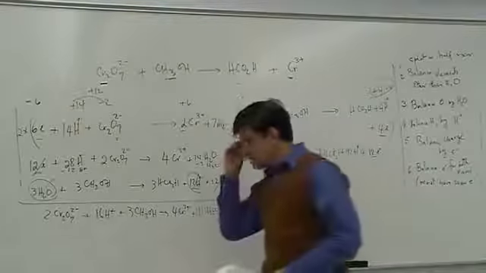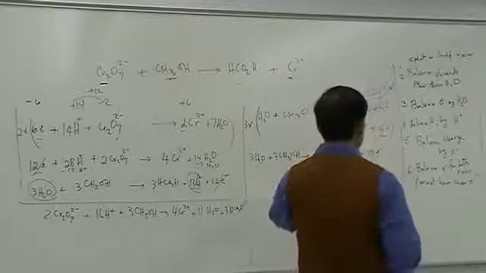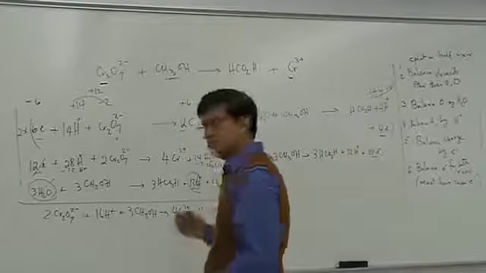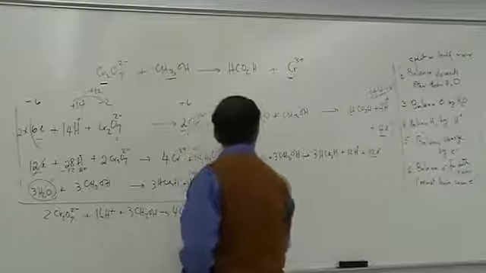So this is my balanced reaction. Now, if I follow these rules strictly, this would automatically give me acidic balancing. So this is a balancing of reaction in acidic solution. So let's write down in parentheses acidic.